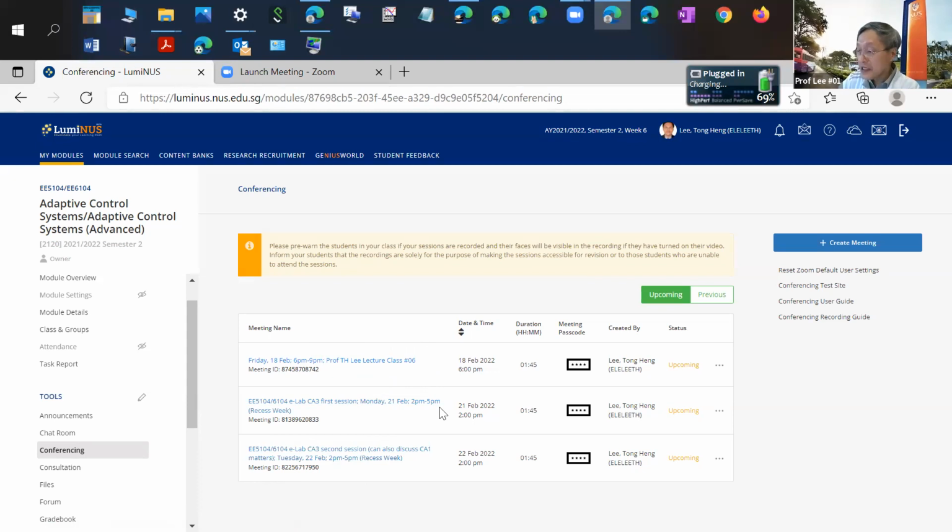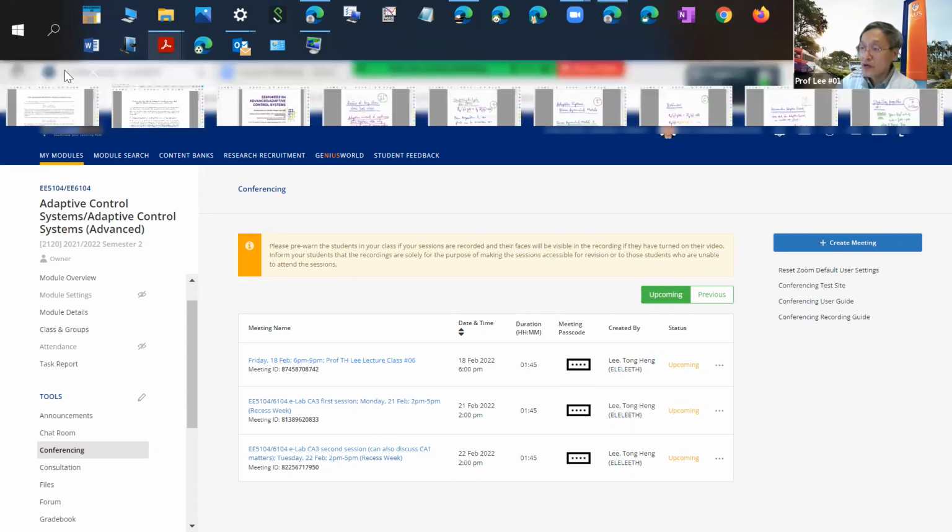But some of you by that time, once you get started on your CA3, will also be very confident and quite ready to do your CA1 material. So in the second session, if you want to request some discussion and guidance by my GA on CA1, that's also possible, because we have done it this way in earlier years. Now, for now, let me just go to CA1.